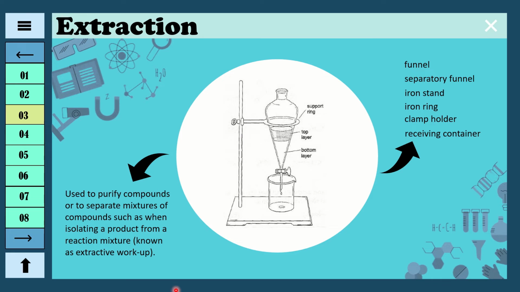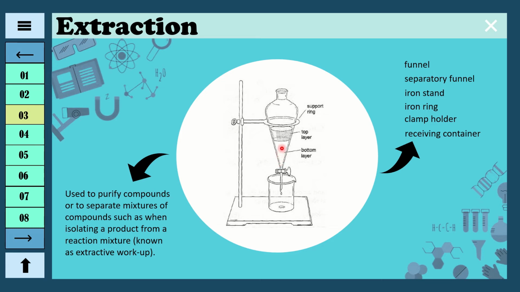Next, you have to put the liquid mixture inside the separatory funnel by removing the stopper above. There is a stopper here that covers the separatory funnel, so you have to remove it first. And using the funnel here, you have to guide the flow of the liquid mixture to go inside the separatory funnel.